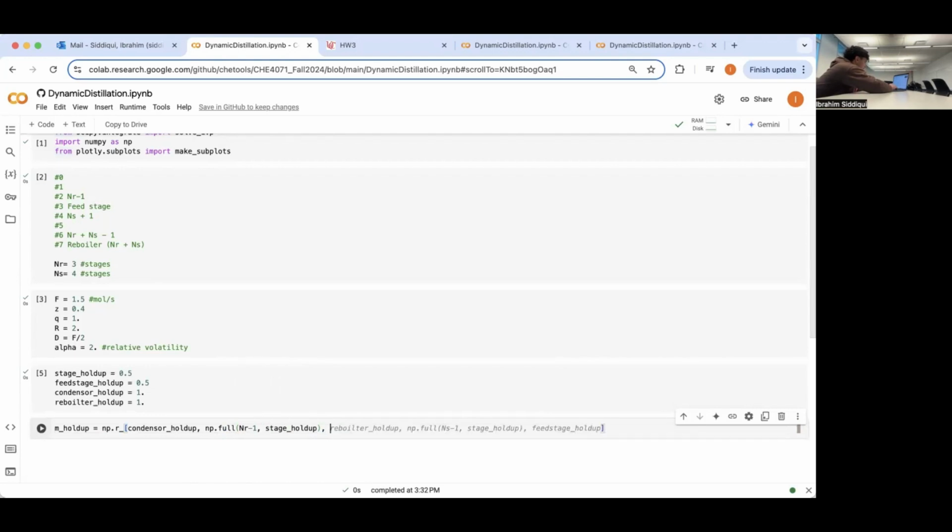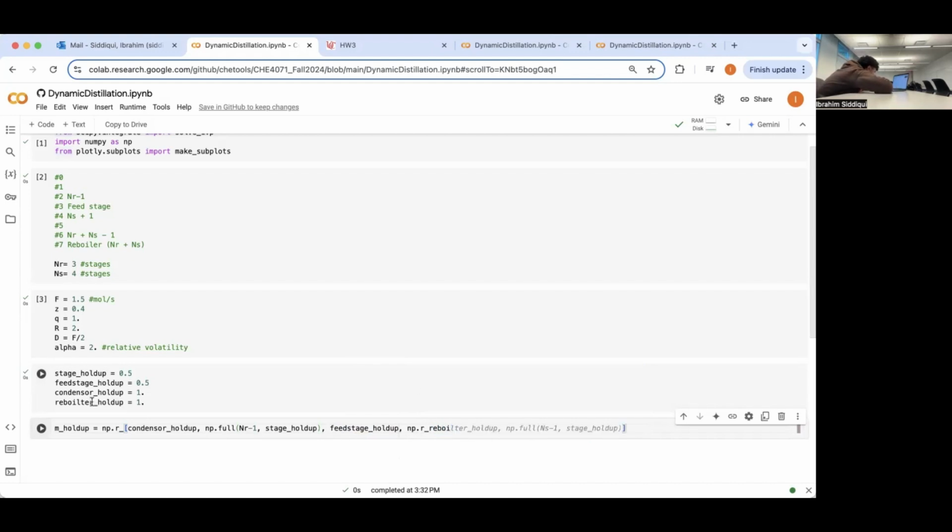Then we'll be combining this, and we're going to be looking at our feed stage holdup, now that we've done the stage holdup coming off of our second stage. So feed stage holdup, and then we're going to use np.r again, and we're looking at our reboiler holdup.